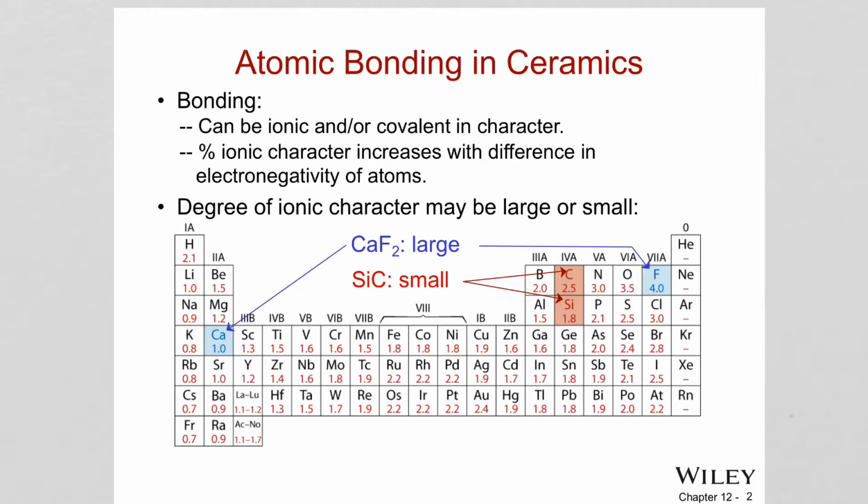If you look at the differences between the electronegativity of the reacting atoms, like calcium fluoride, for example, calcium is 1 and fluorine is 4. There is also the possibility that the electronegativity difference between reacting elements might be small, such as silicon carbide.